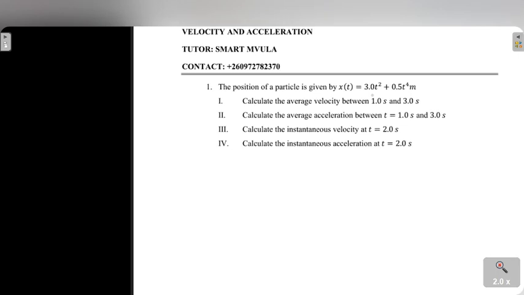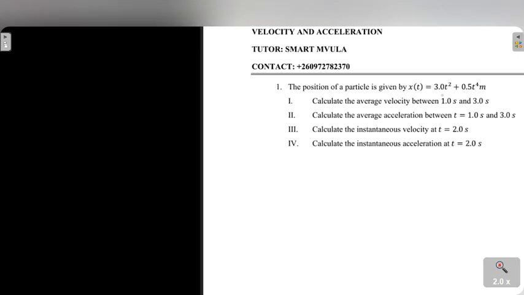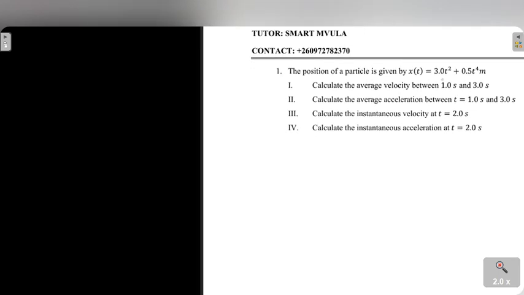So now moving to part 2, which says we have to calculate the average acceleration between t equal to 2 seconds and 3 seconds.